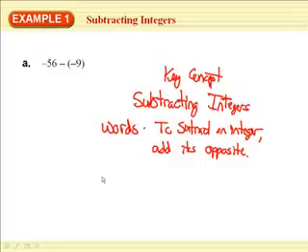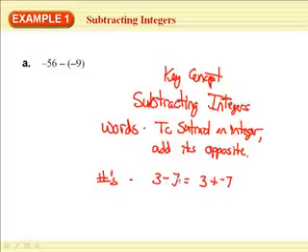Here's what it is. 3 minus 7. Okay, 3 minus 7 is the same as taking 3 and adding the opposite of 7, which is negative 7. Adding the opposite.